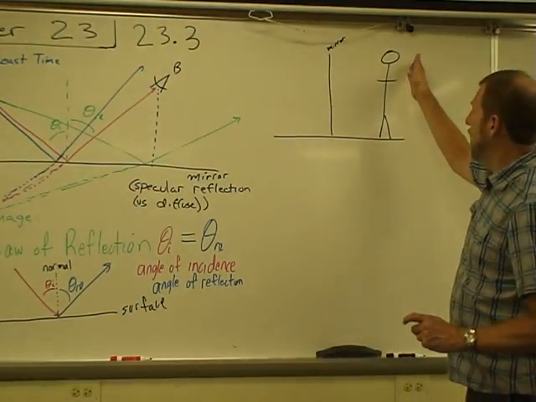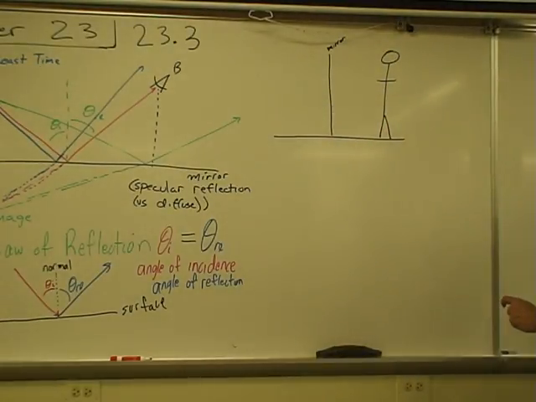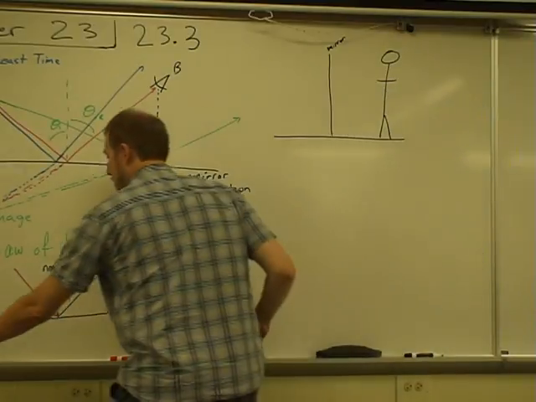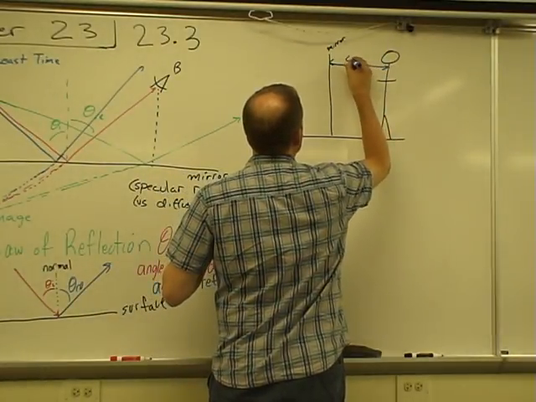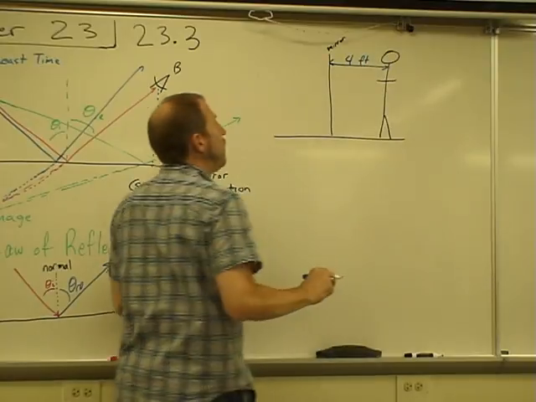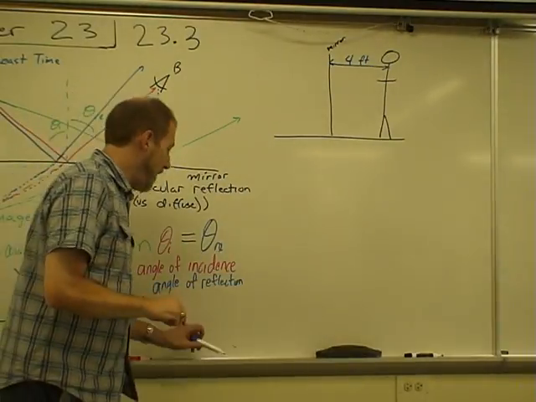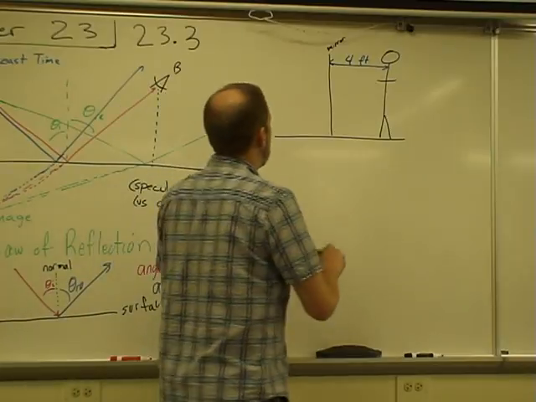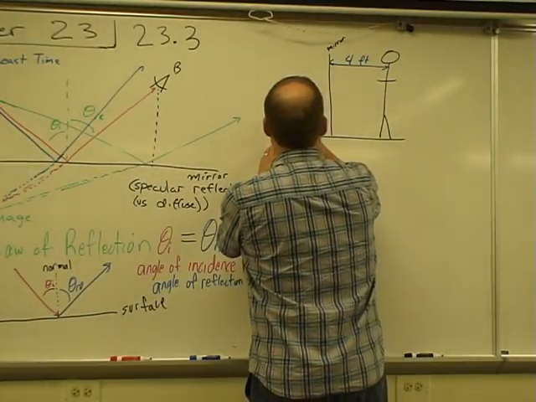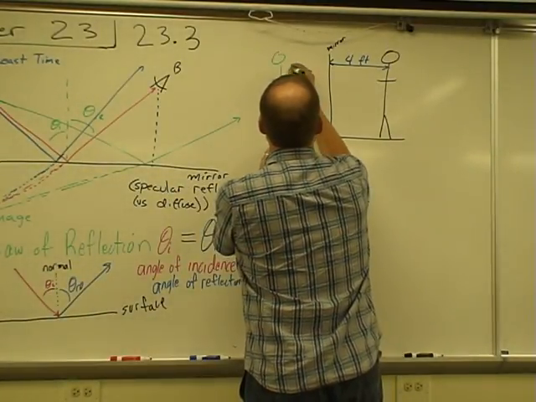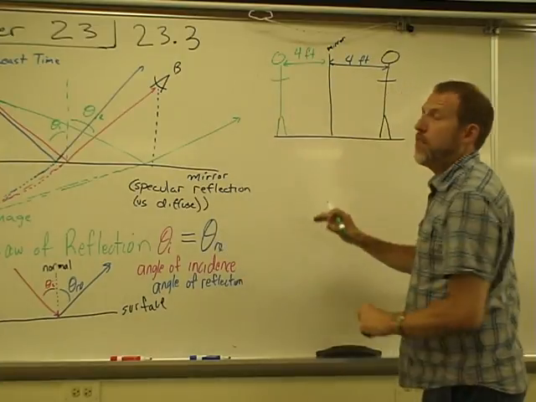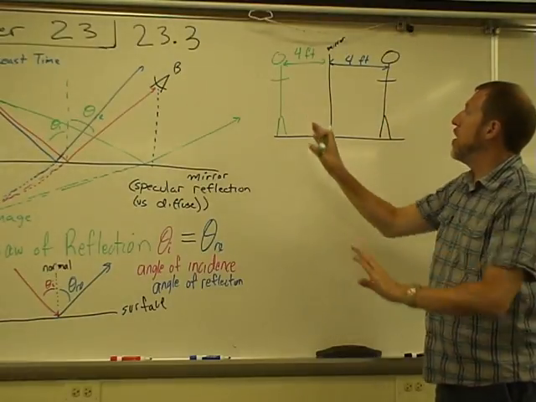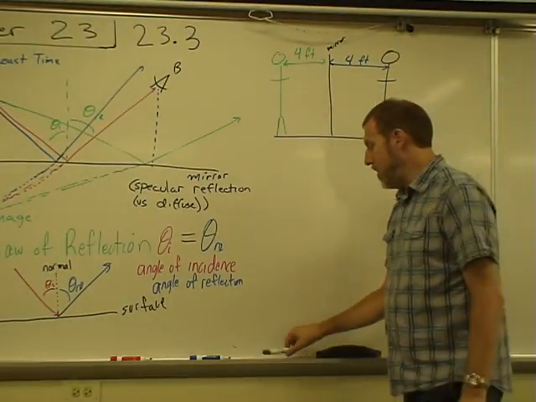if I've got a person who is standing four feet away from a mirror, then the image that's formed in the mirror by light bouncing off of that person will be 4 feet behind the mirror.